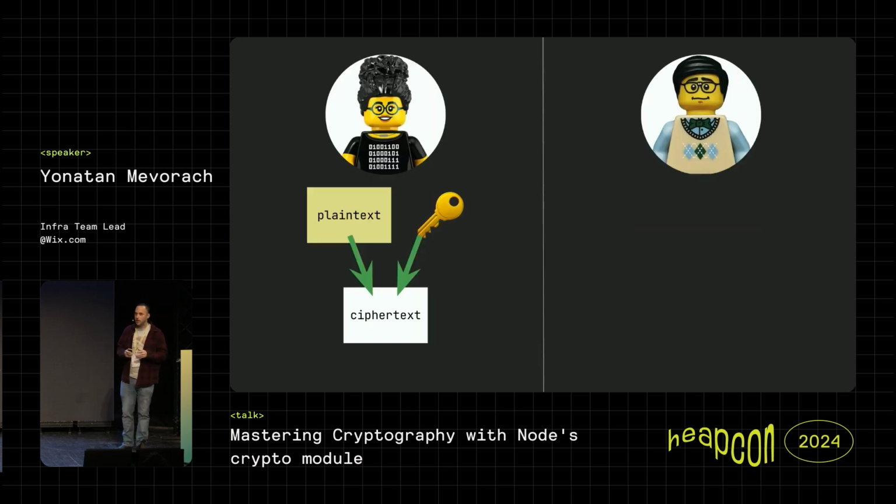So let's start with a mental model of how encryption works and define some of the terms. First, we have plain text, which is the original message that they want to share. And we have the key itself. Alice applies some encryption algorithm, and she gets the ciphertext. The ciphertext is the encrypted message. For example, if the message is heapcon, the ciphertext looks like some random value.